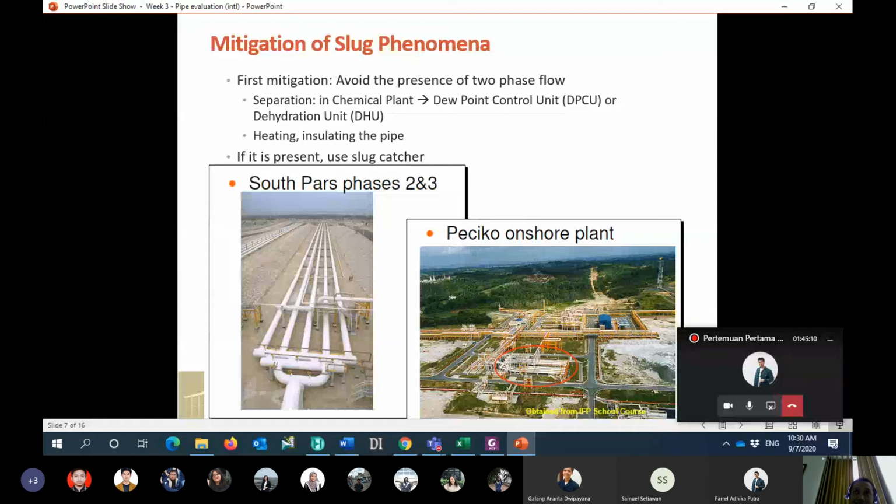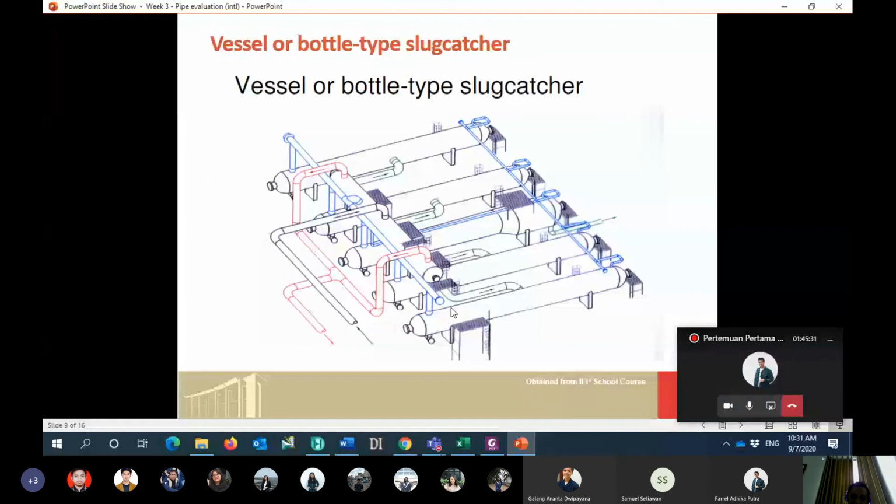In the case of a seabed pipeline, usually they use heating to evaporate all the condensate that is probably produced during transportation. So the heat makes it into vapor. That is the way to avoid slugging.